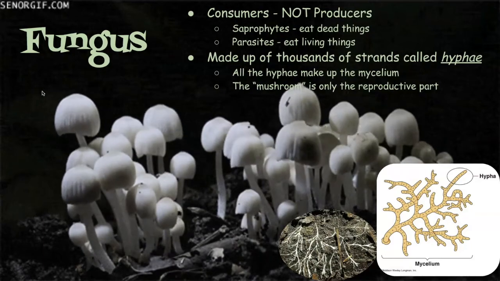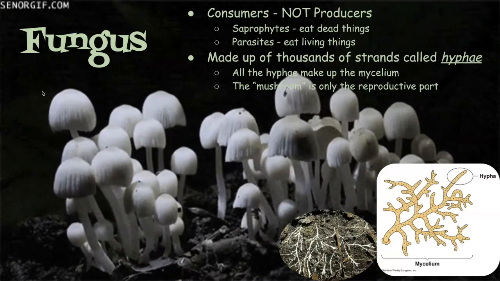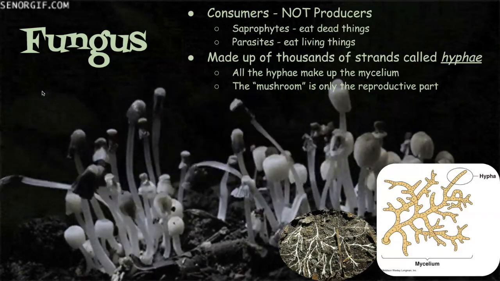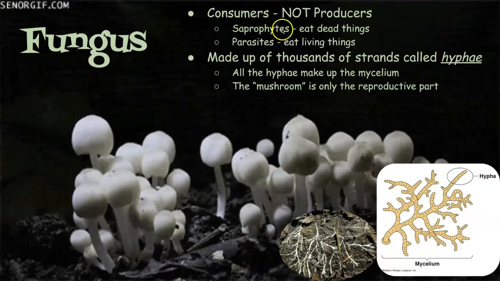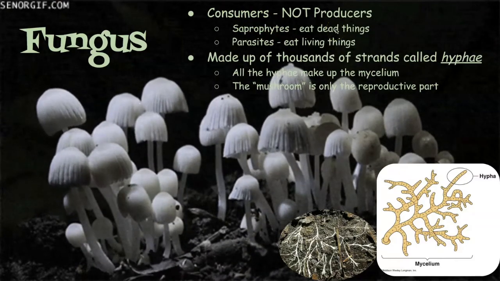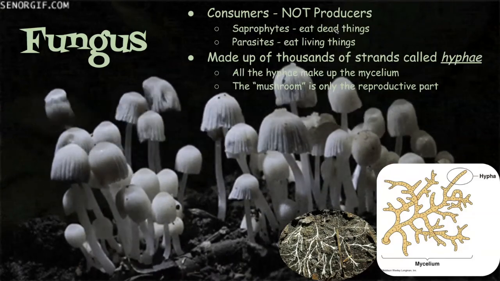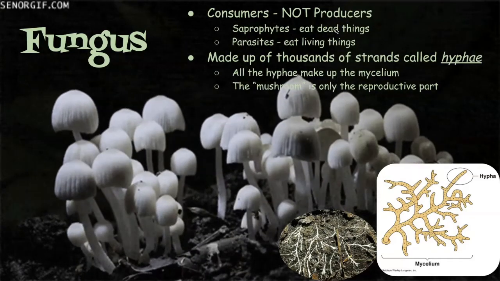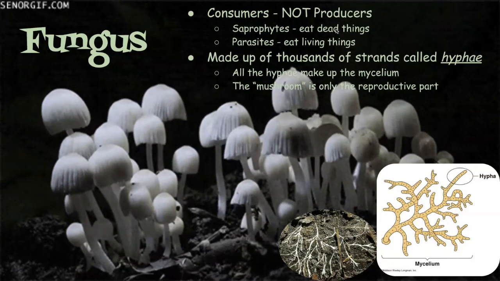And so these guys are either going to be what's considered a saprophyte or a parasite in most cases. Most of our fungi are actually beneficial saprophytes, which means that they eat dead things. However, there are some that are parasitic. There's a terrible parasitic fungus known as the chytrid fungus, however you want to pronounce it.